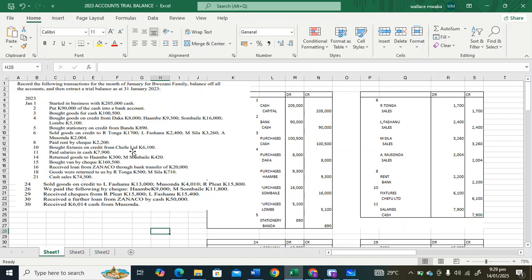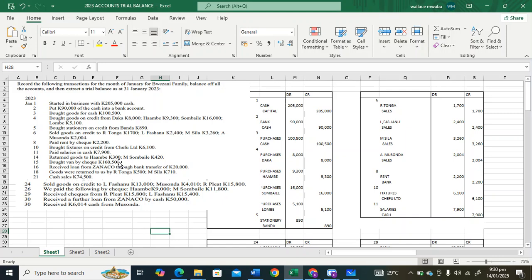If the trial balance balances, then it means these transactions that you did, you recorded them correctly. If the trial balance doesn't balance, it means you made a mistake in one or two or many of these transactions. So the trial balance is just a check to see if you've recorded your transactions well.